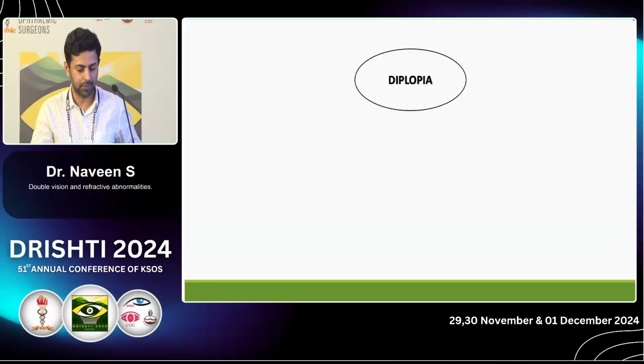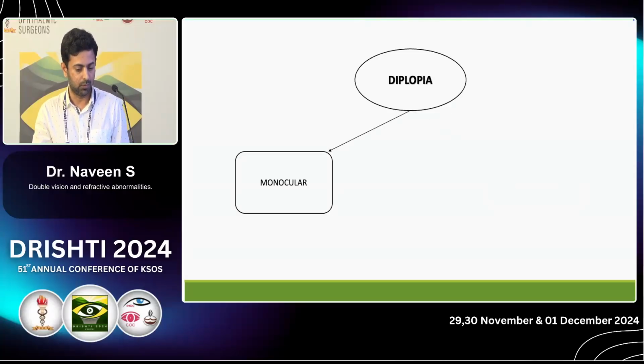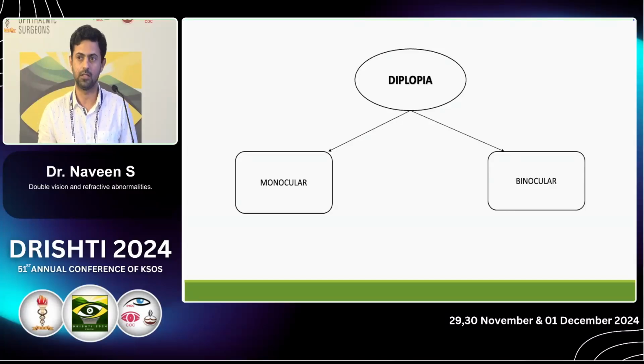So, a patient with diplopia, like in any other case, we take a good history. We try to know the onset of the diplopia, duration, any associated symptoms. One important thing we need to know is if it's a binocular diplopia or a monocular diplopia.